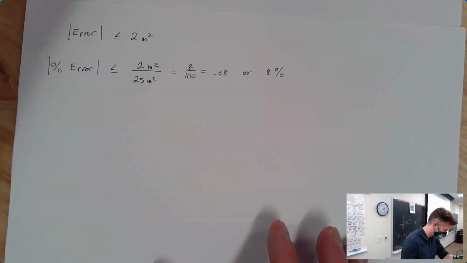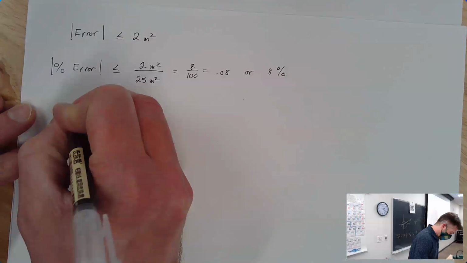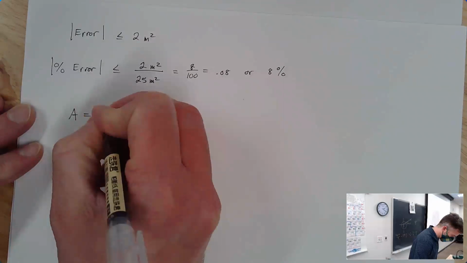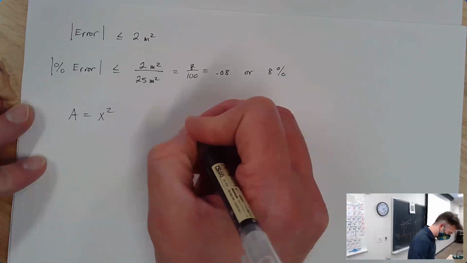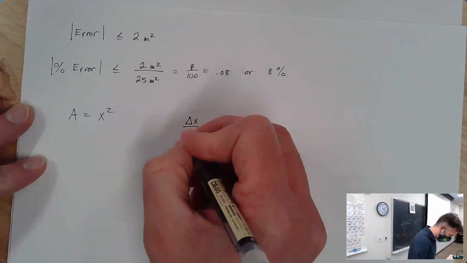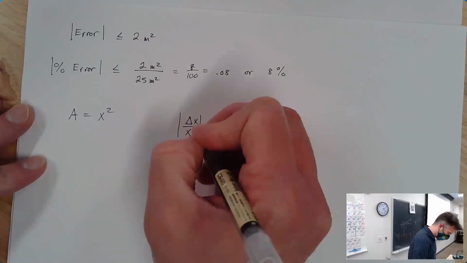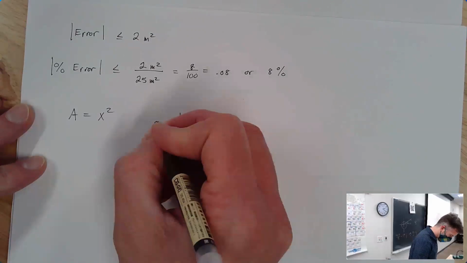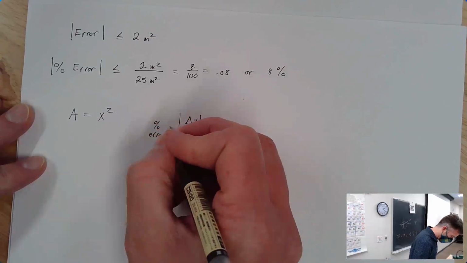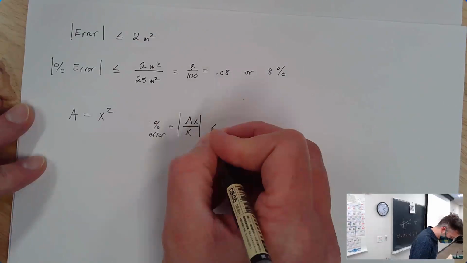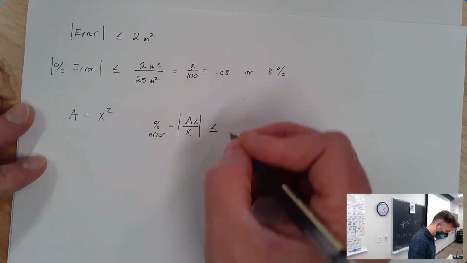Well, the area of the square is x squared. And we know that our delta x over x, that is the percent error in our measurement, is going to be less than or equal to 4%.